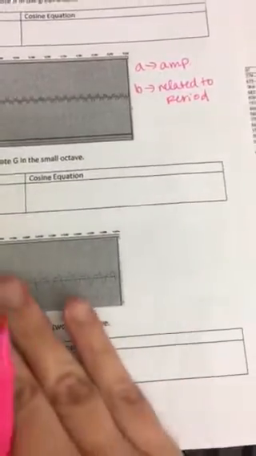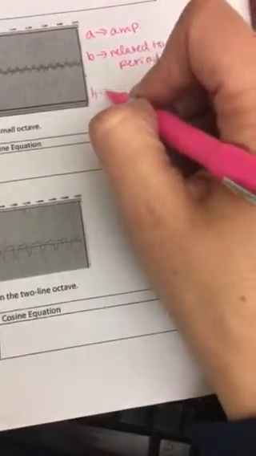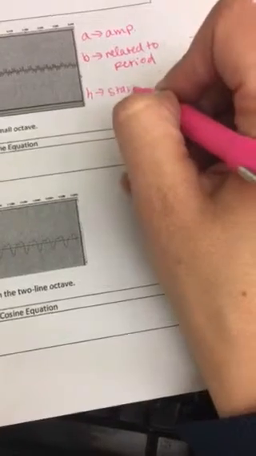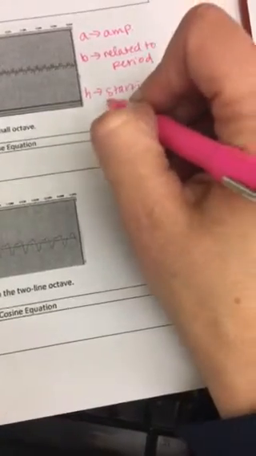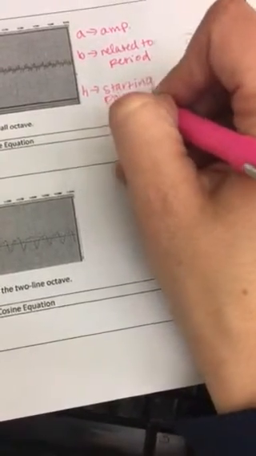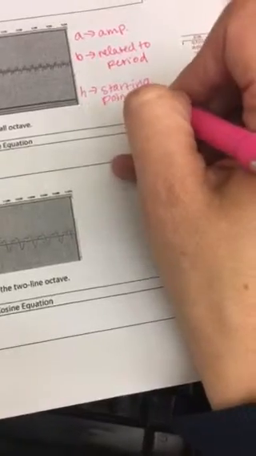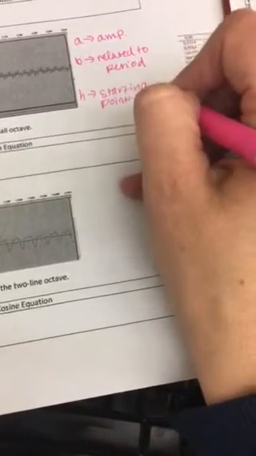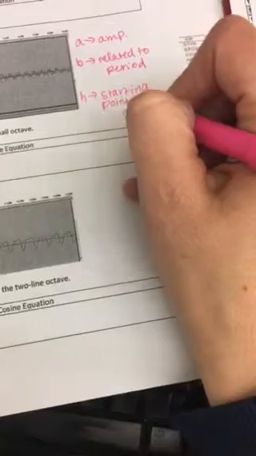Okay? They're both going to have those same values. The H in the equation is what we're going to view as the horizontal shift. So we want to use that as the starting point of a cycle for sine and for cosine, okay?